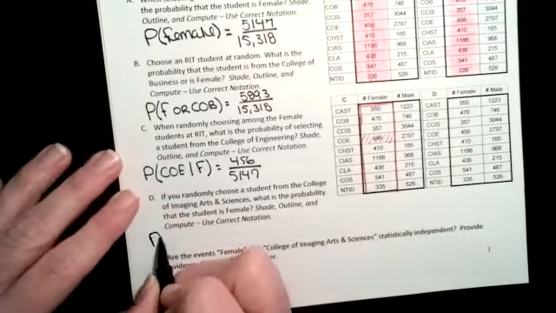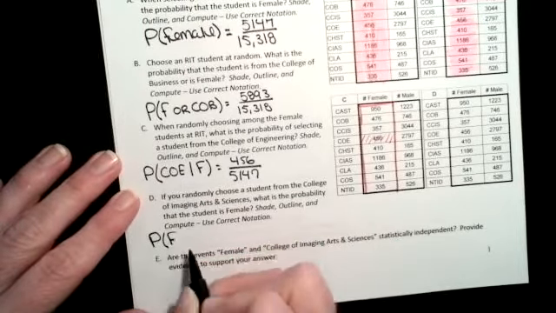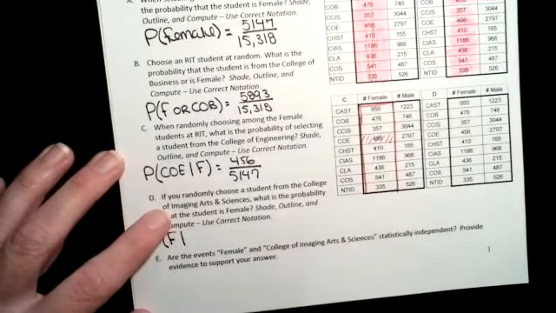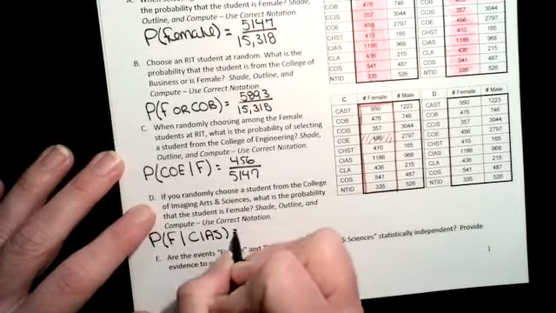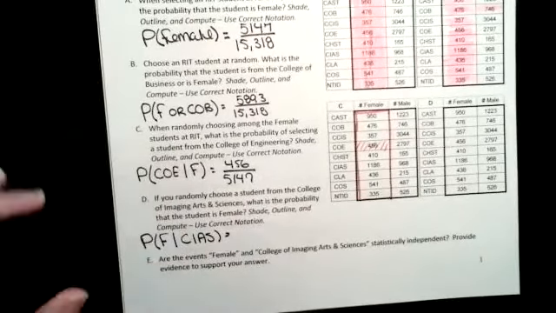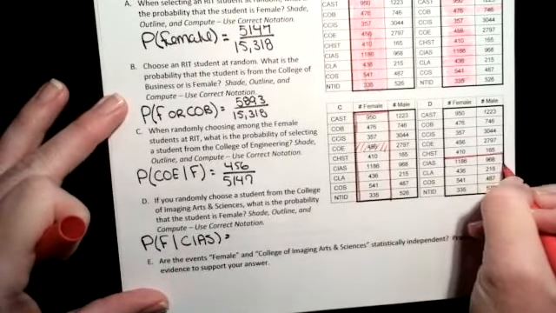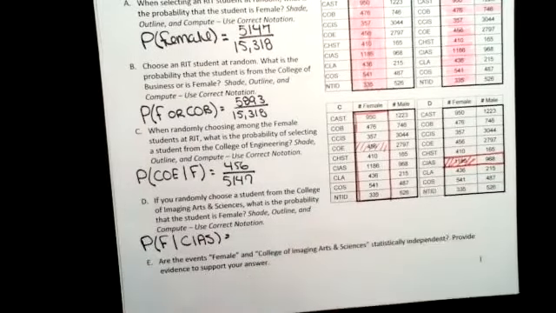So I'm going to write my notation first on this one, actually. So the probability is what I'm interested in. I'm interested in a female student given they're from the College of Imaging Arts and Science. So that's CIAS. So now I'm going to go to my outline. I'm outlining the CIAS students, and what I'm interested in is if they're female for this one.